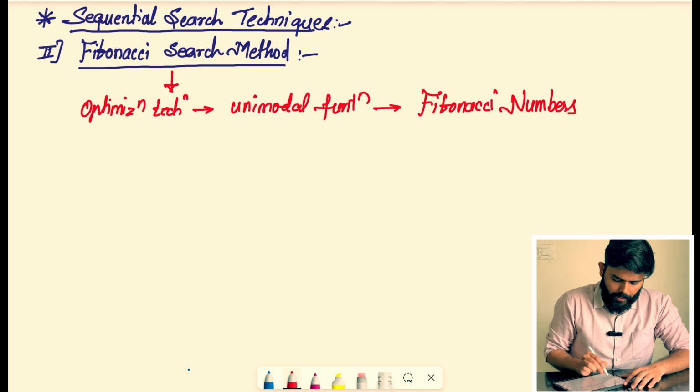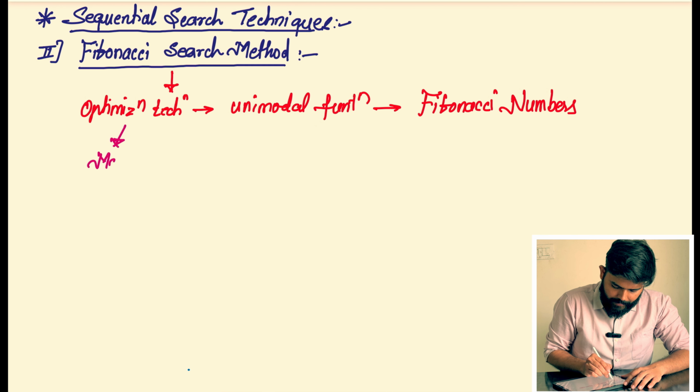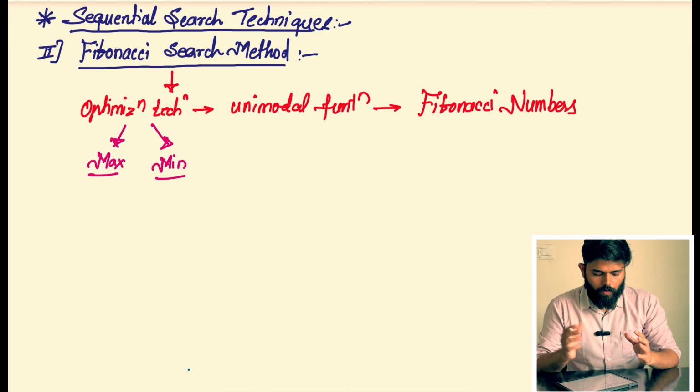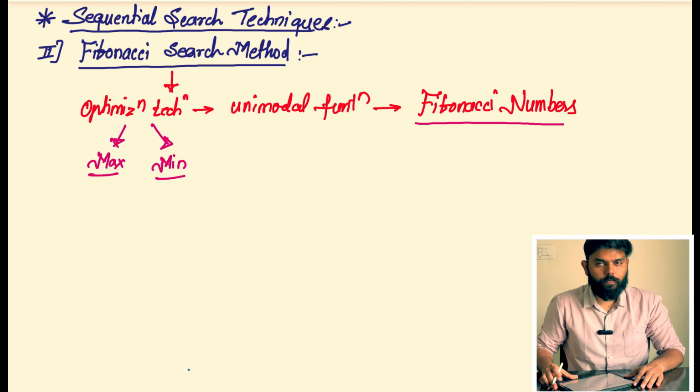Okay. Second important point is optimization can be either maximization or minimization. So we can either maximize or minimize a unimodal function with the help of Fibonacci numbers. This particular method is called the Fibonacci search method.